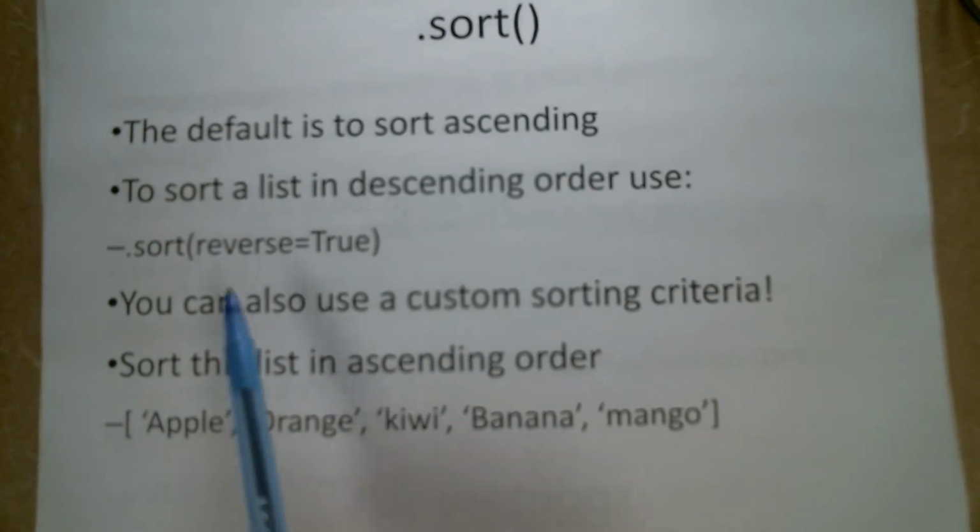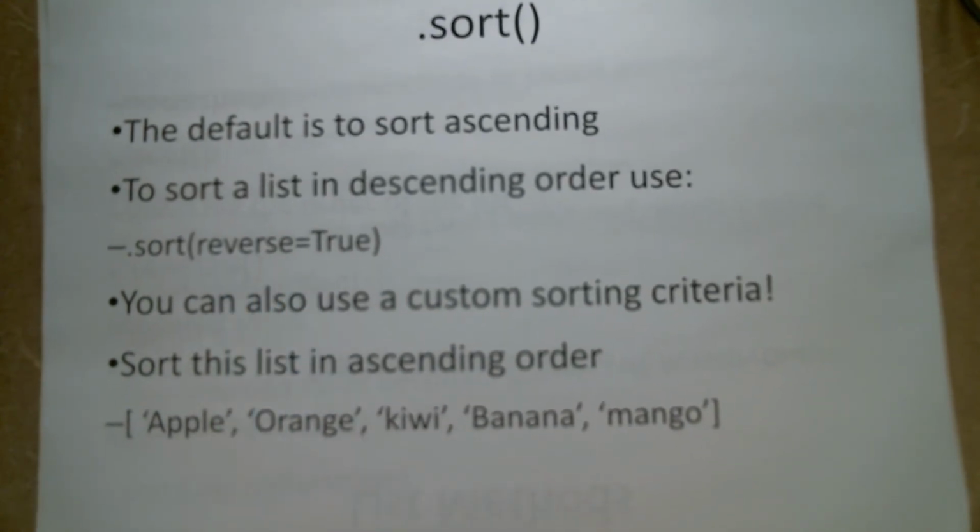If you want to sort it in descending order, you just have to add reverse equals true inside of the parentheses, and that will flip it around. So instead of going A to Z, it will go Z to Y. You can also use custom sorting criteria. Why does that matter? Why is that something that's valuable to us?